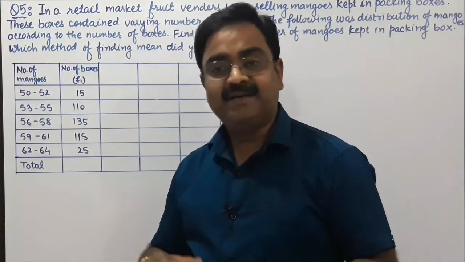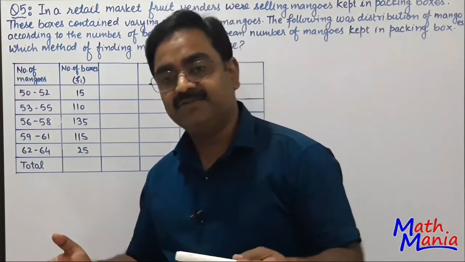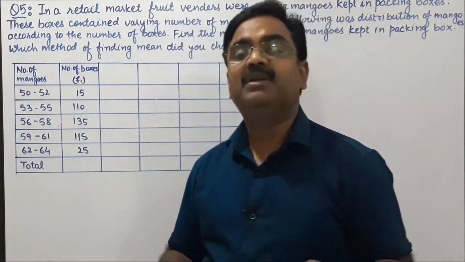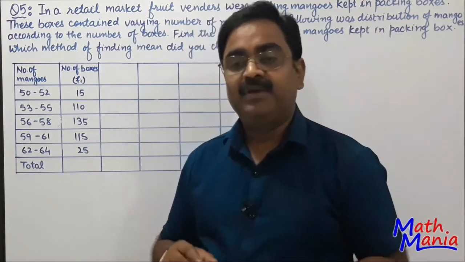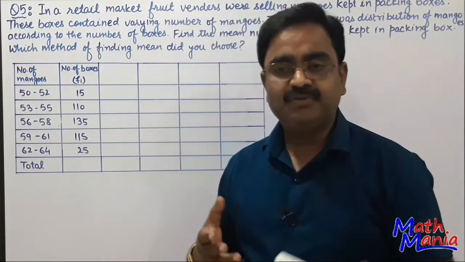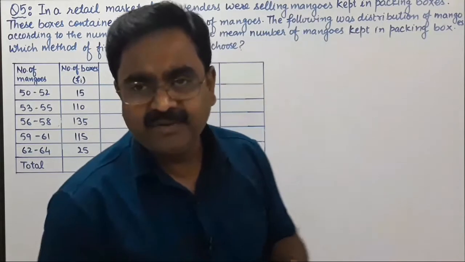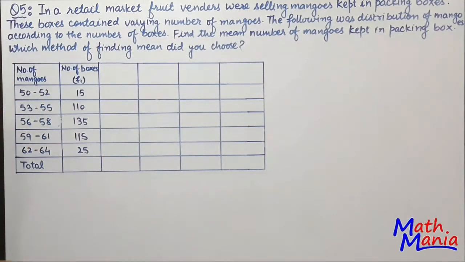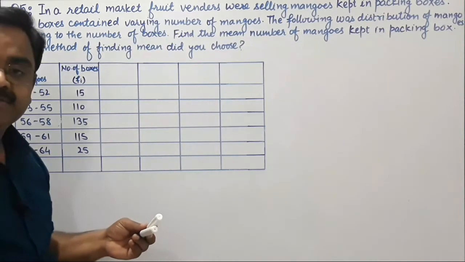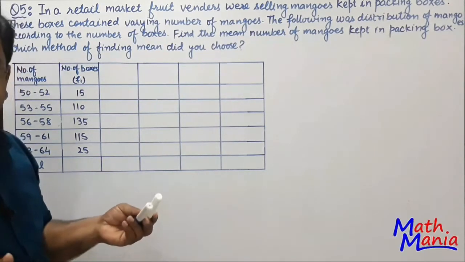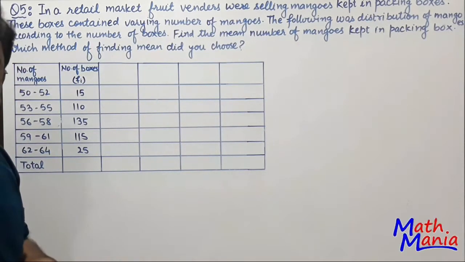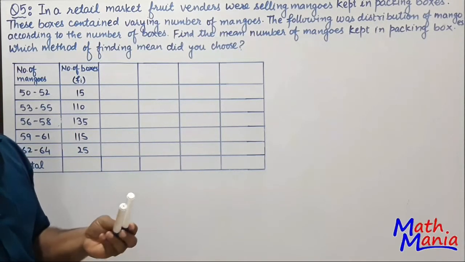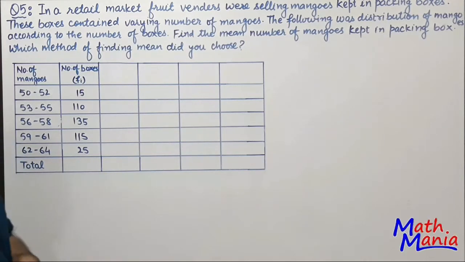If you have large data, you have to use the assumed mean method or the step deviation method. But if the data is small, you can easily use the direct method. Here, since the data is large, we would have to multiply large quantities, add, subtract and divide. So we are going to use the step deviation method, which is very easy for calculating.